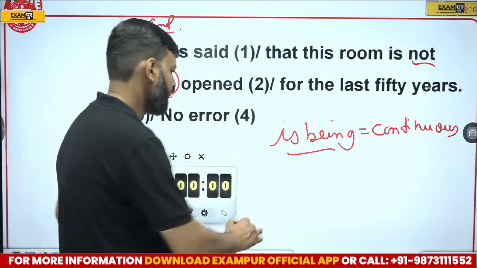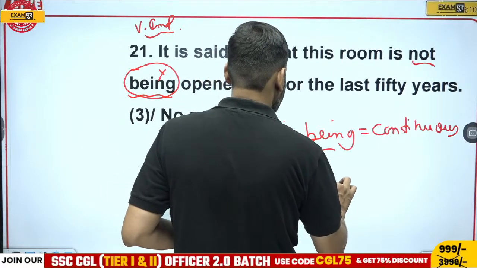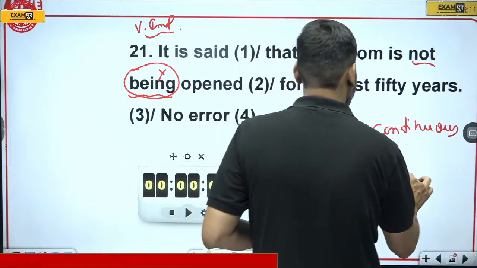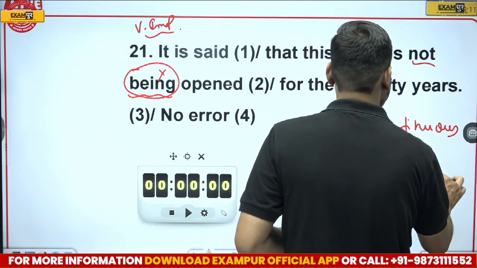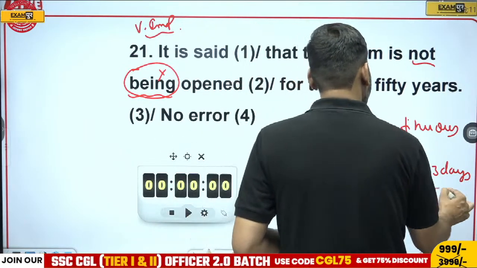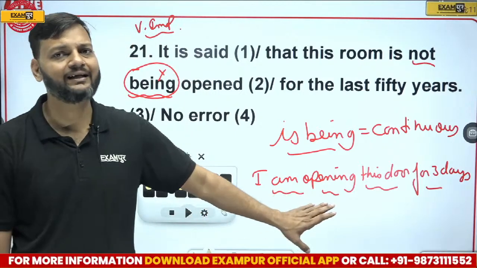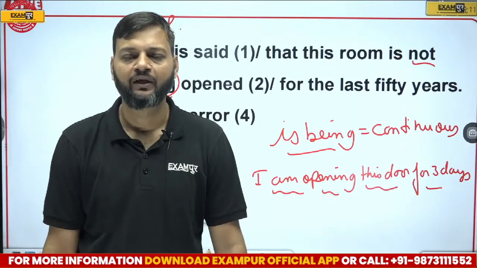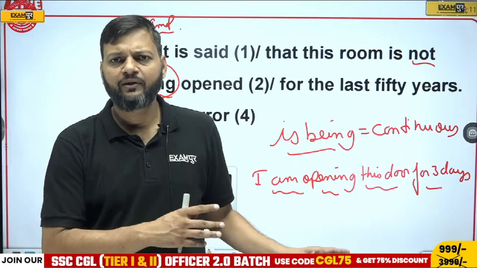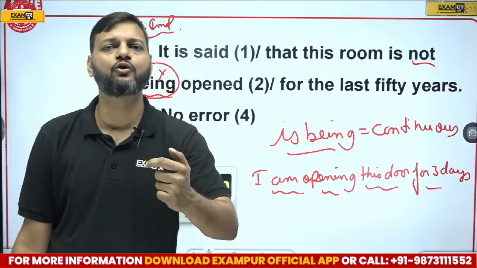Can you write this sentence? I am opening this door for 3 days. Is this sentence correct? No, logically this sentence is wrong. In place of this, you can say, I am trying to open this door for 3 days.